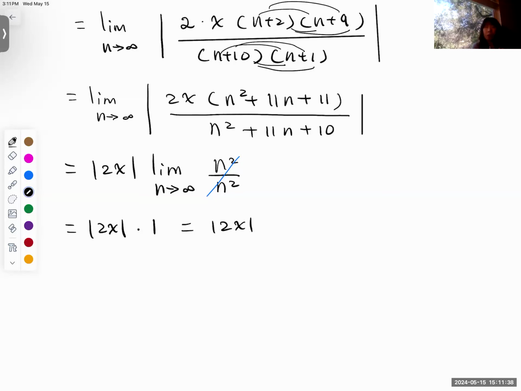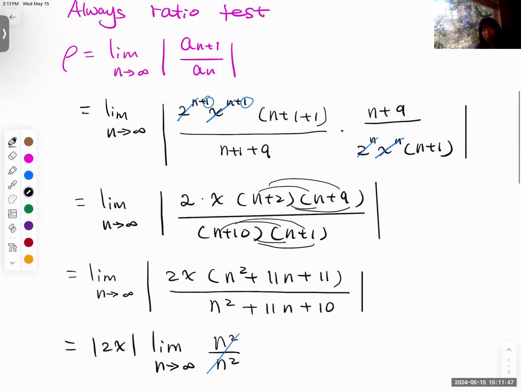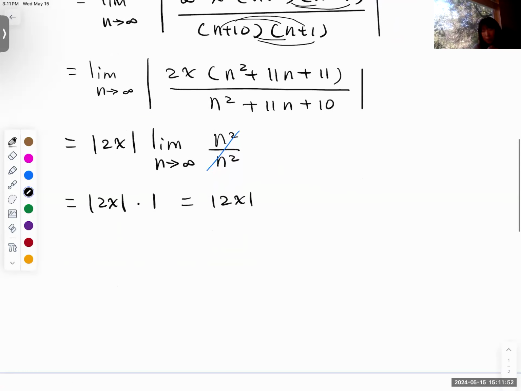So how can we conclude that? Is it converging or diverging? It's a ratio test. We set up the rule earlier, right? So is it converging or diverging? Converging, yeah?